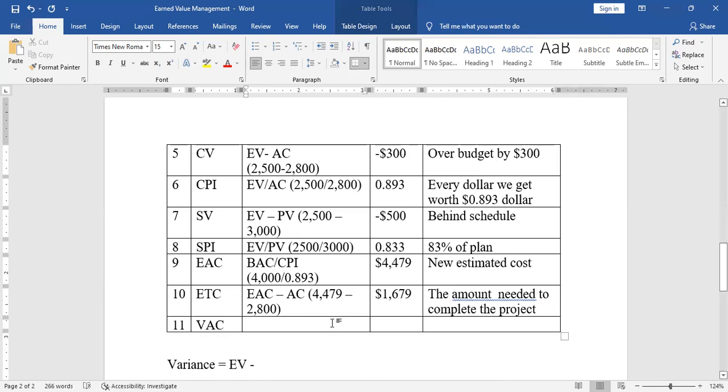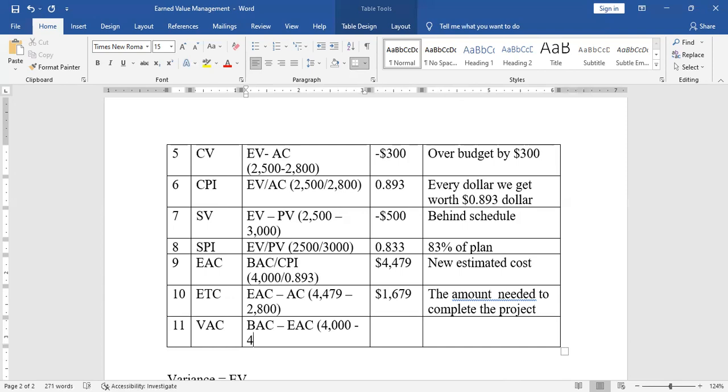VAC is variance at completion, meaning the total variance. It shall be BAC, which was the original budget, minus the new estimated budget, which is EAC, estimated at completion. So it shall be 4,000 minus 4,479.